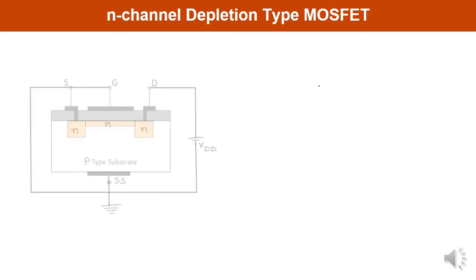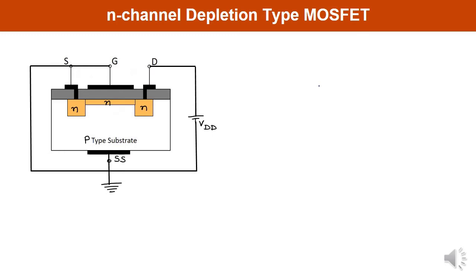Now let us discuss once again the construction of N-channel depletion type MOSFET. It will help you to draw the characteristic curve. Here you can see a P-type substrate is being used, and on this P-type substrate there are two N-type wells, for the source and drain terminals. These source and drain terminals are linked with each other by an N-channel.